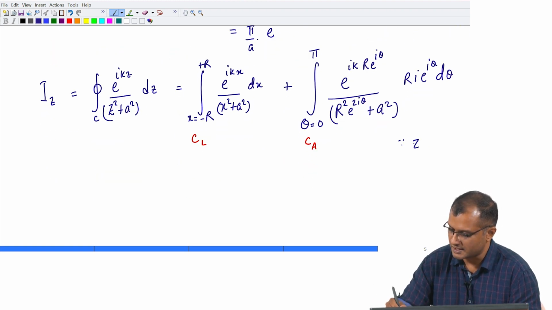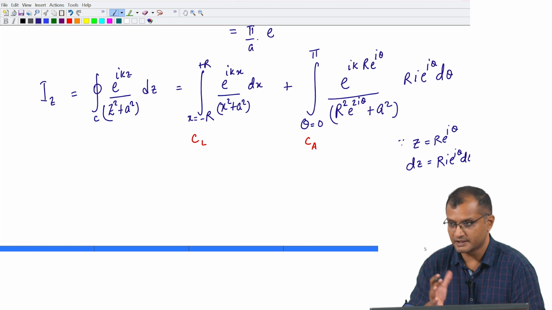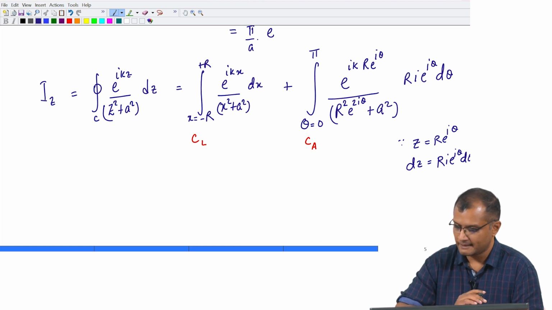Since I have taken z as r e raised to i theta, dz would be r i e to the power i theta d theta, because r is constant, only theta varies on that semicircle.